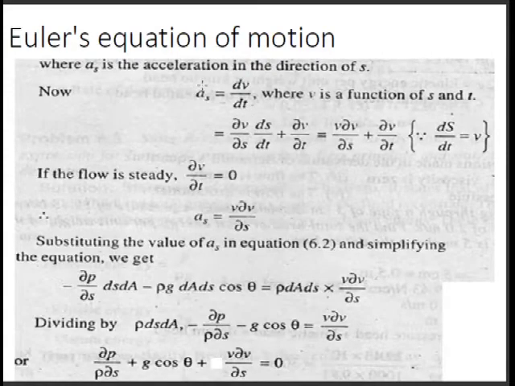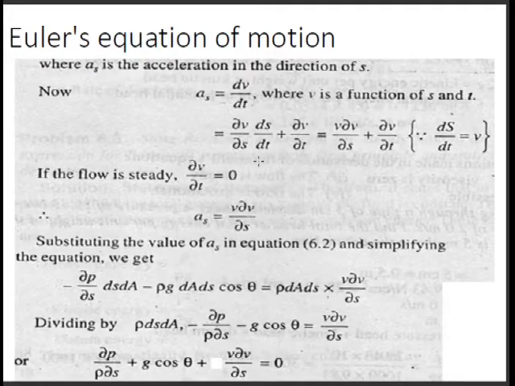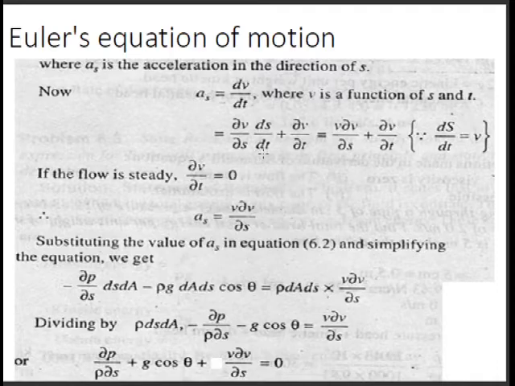Now a_s indicates the acceleration in the direction of S. Acceleration is the rate of change of velocity with respect to time, so a_s is equal to dv/dt. But v is a function of s and t, so this can be written as a_s equal to ∂v/∂s into ds/dt plus ∂v/∂t. Here ds/dt is nothing but v, since velocity is the rate of change of displacement with respect to time.